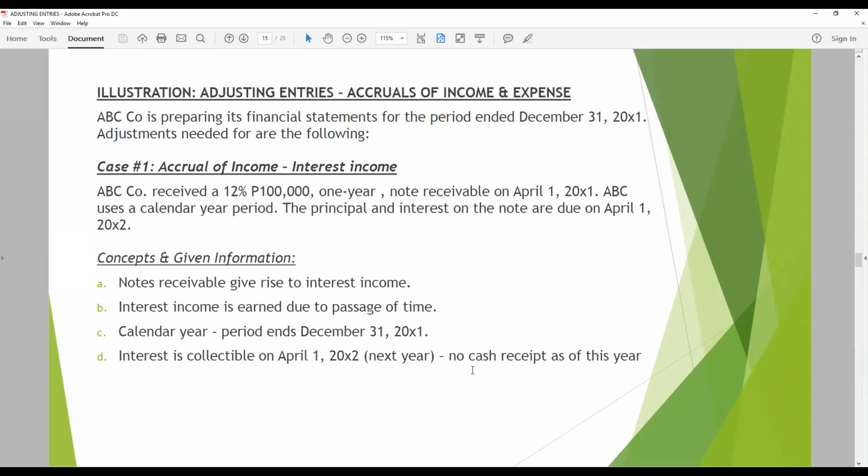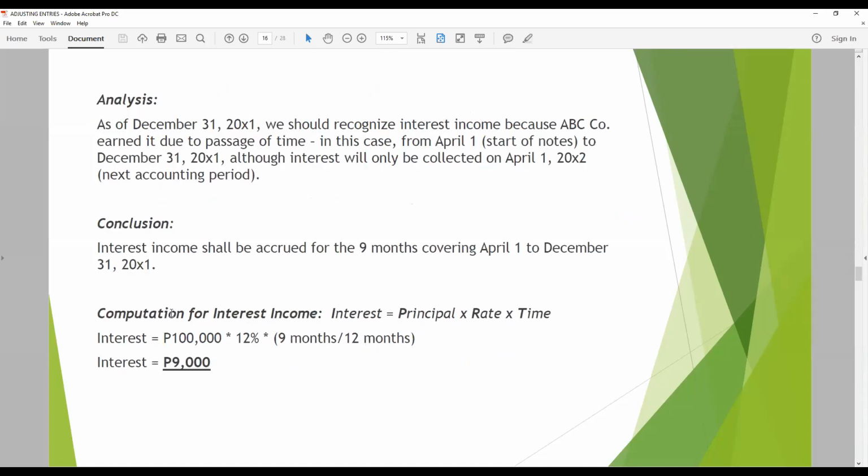So out of that 12 months or 1 year, 9 months na yung na-earn nyo. So for that 9 months, you have the right to recognize interest income. For that 9 months, how you compute? 100,000 times 12%, which is 12,000. I-divide nyo by 12 months, 1,000 per month times 9 months, which is 9,000.